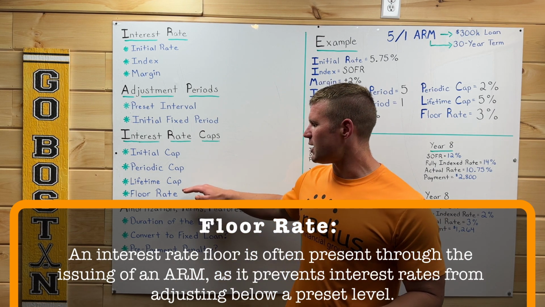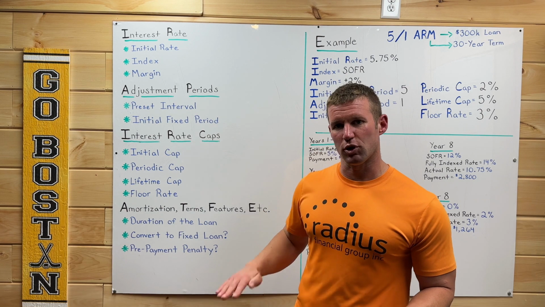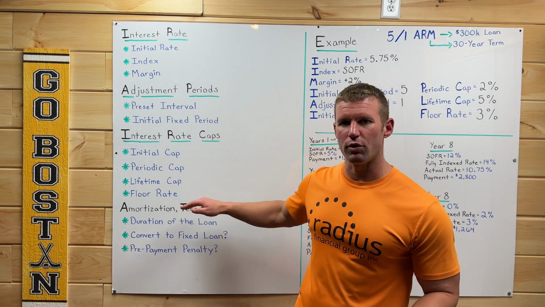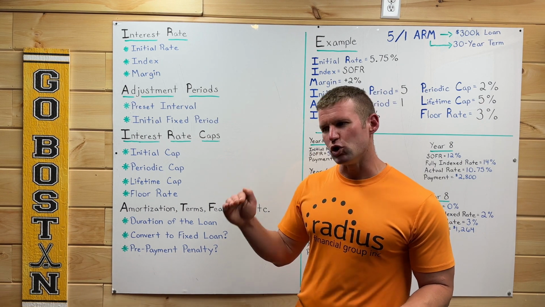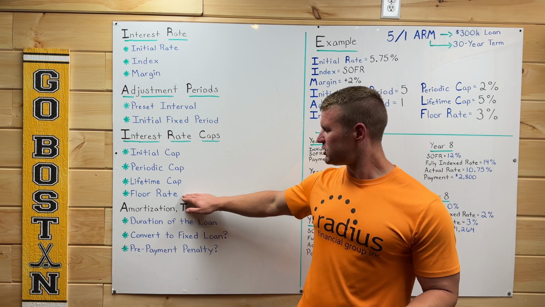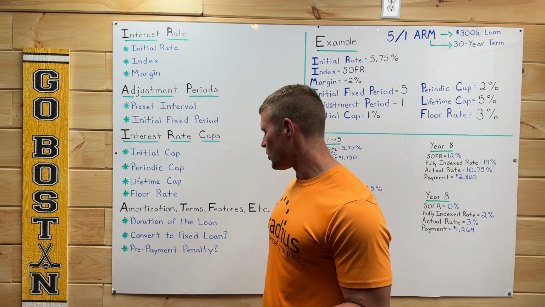The lender might say, hey, no matter what, we're not going to honor a rate that goes below 4%, right? So there's a lifetime cap, but there's also a floor rate. So no matter how low interest rates fall, your adjustable rate mortgage still can't go below whatever floor rate is set by the lender, right?